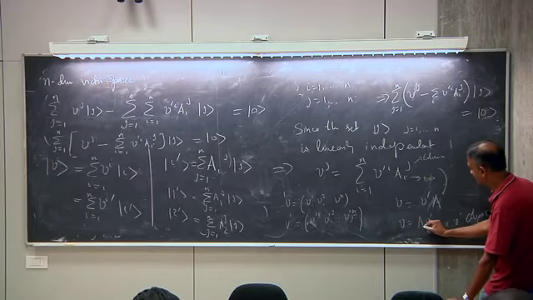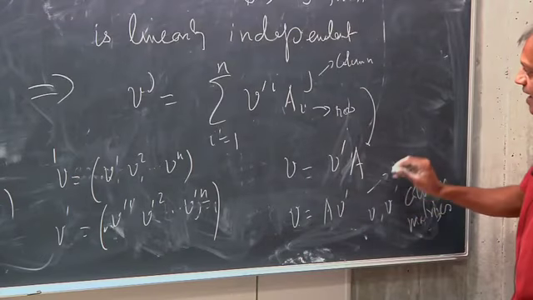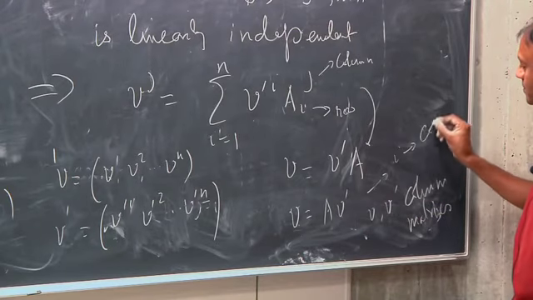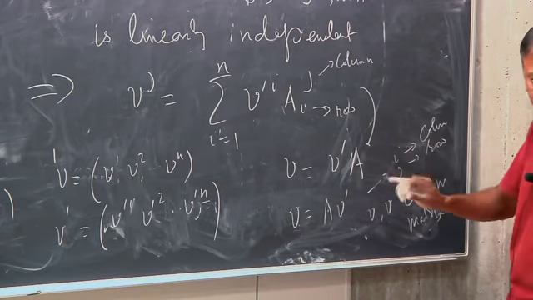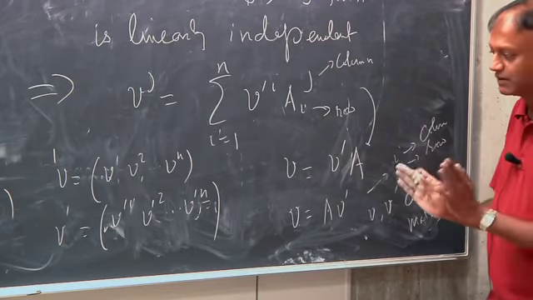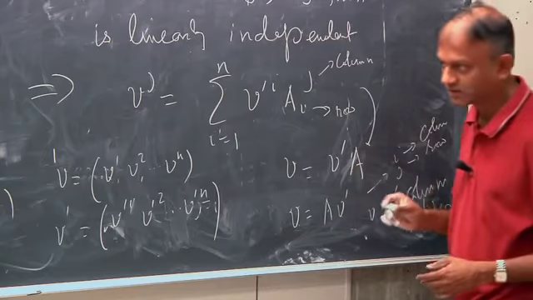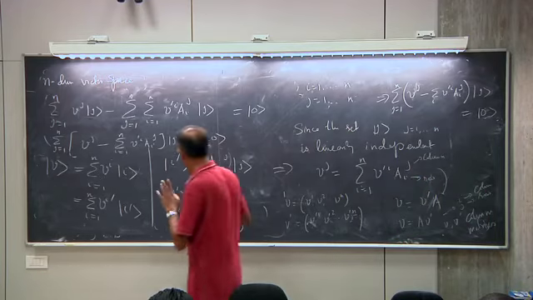Here, in this equation, I'm thinking of i labeling the column and j labeling the row. It's a matter of convention. You choose some convention, then you can write down the matrix equation. But the important point is that they are related.